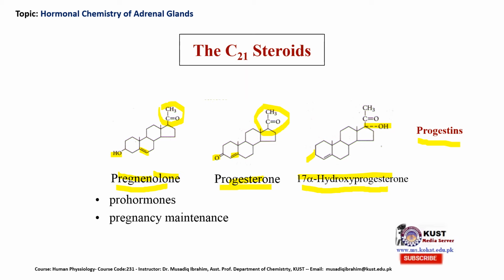Now these progestins are involved in pregnancy maintenance, that is avoiding the miscarriage or abortion tendency, and these hormones are also involved in the mating behavior of the human body.